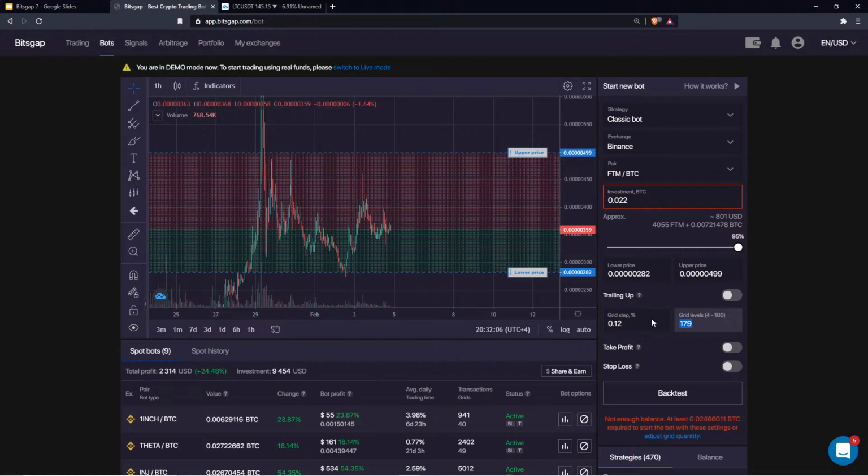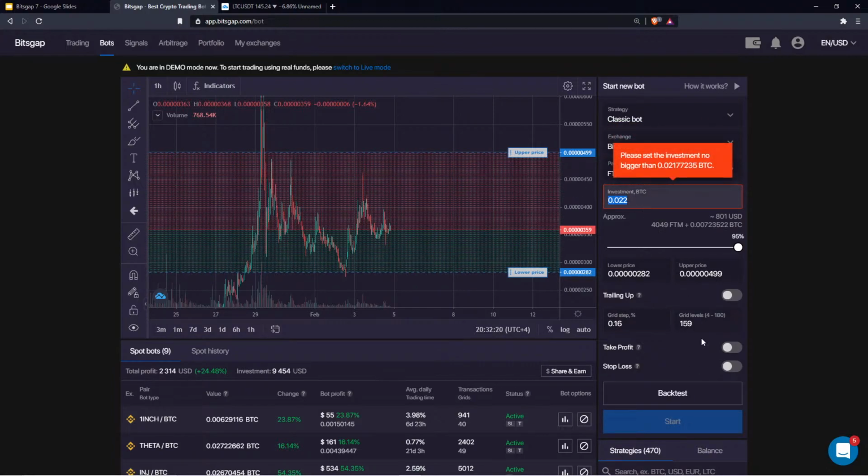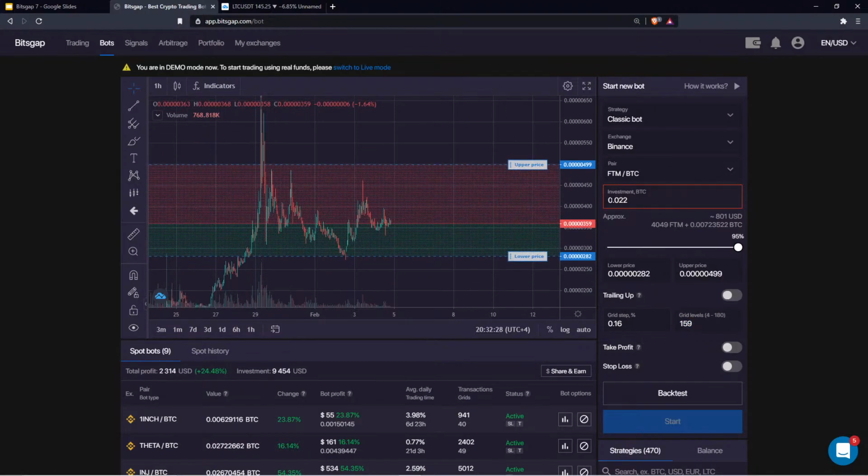You see here I have 179, and to set all of these 179 grid levels, this amount of investment is not enough. So that's why I will reduce. And now with this same investment value, I can have 159 instead of 179.